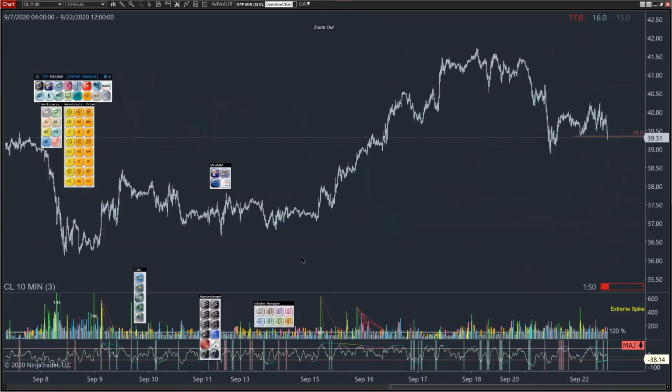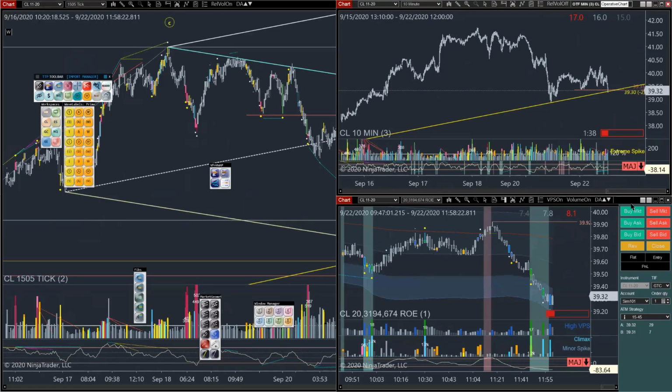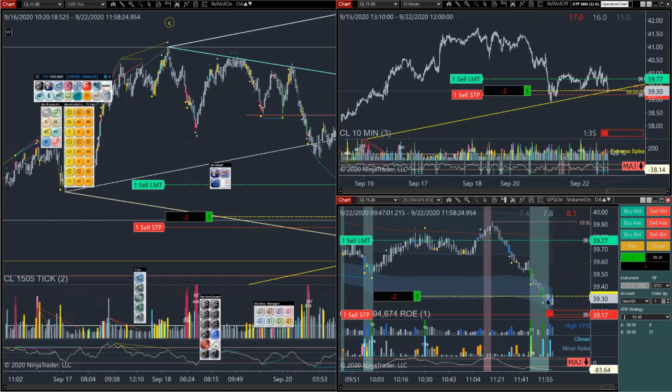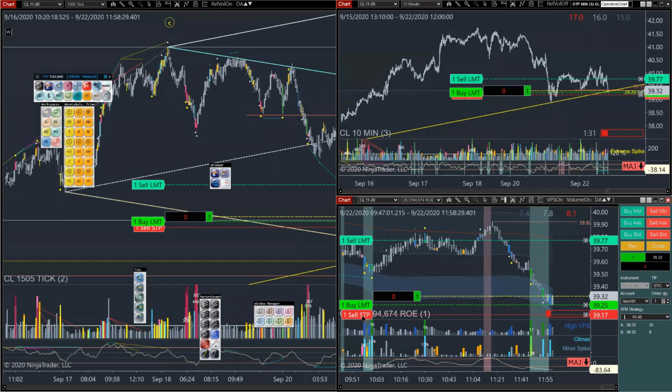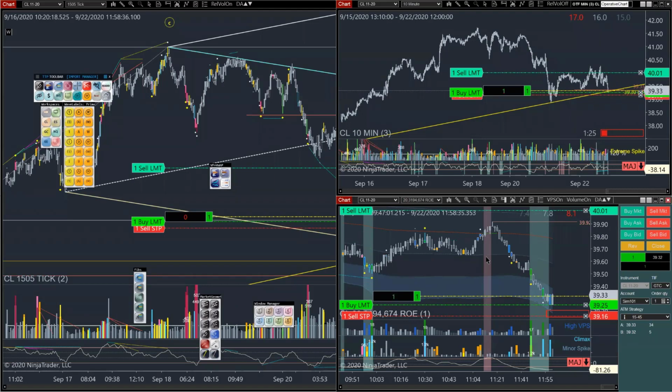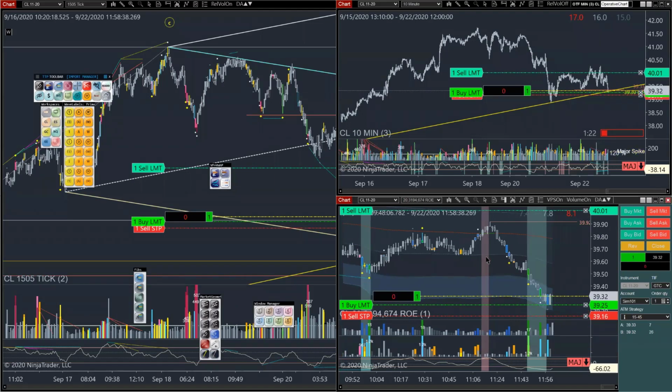Would it be foolish to go long right here? Not at all. It doesn't look all that great, but it doesn't look all that bad either. So why am I doing this?